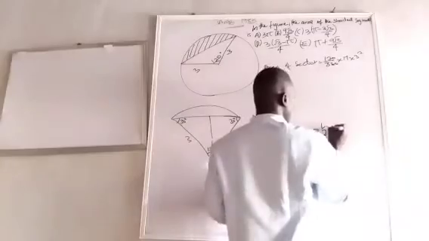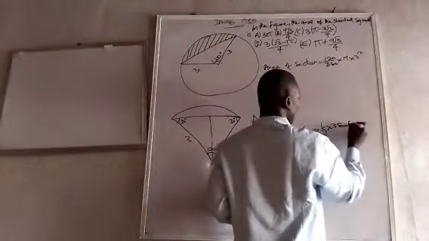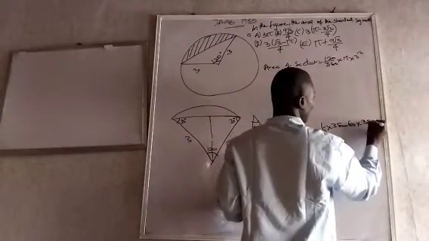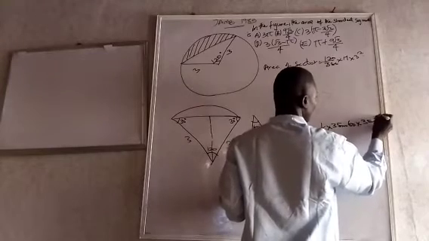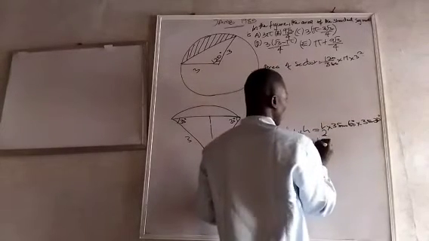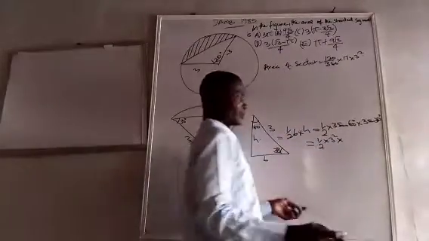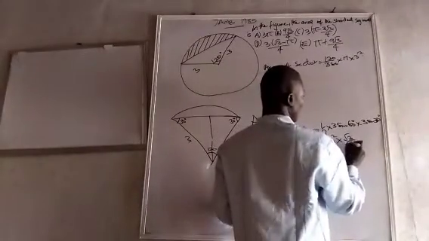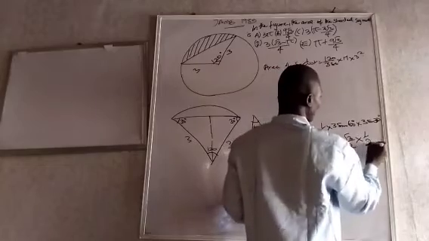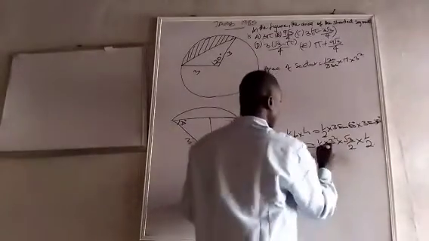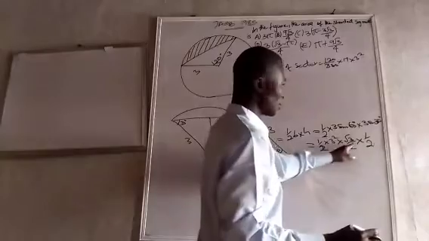So, we are going to have half times 3 sine 60 times 3 sine 30. And that's going to be half times 3 squared times, what is sine 60? Root 3 over 2. What is sine 30? Half. And that's going to be half times 3 squared times root 3 over 2 times half.